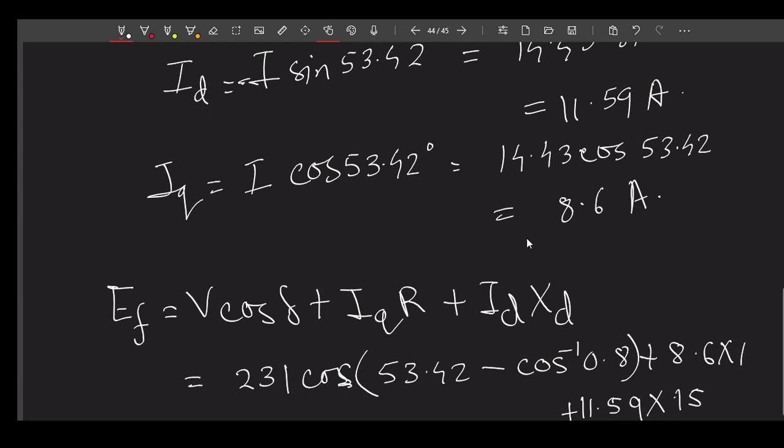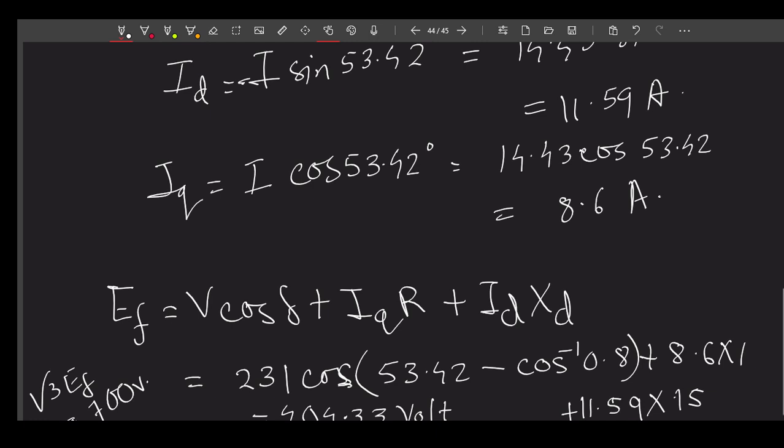So that will give us 404.33 volt. So line voltage will be root 3 EF, that is around 700 volt.